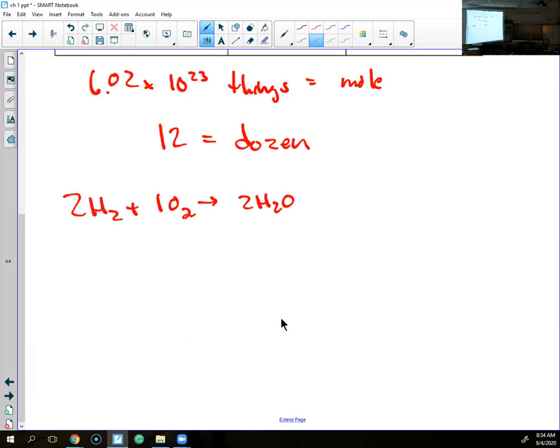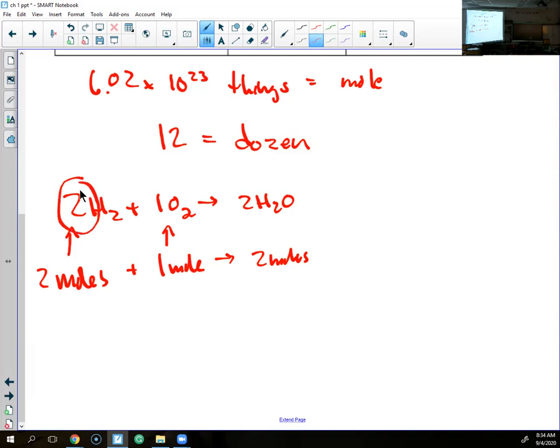I'm really saying 2 moles of hydrogen react with 1 mole of oxygen to produce 2 moles of H2O. This math is easy, 2, 1, 2.